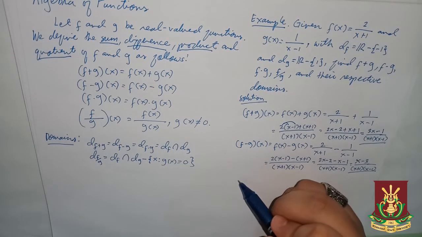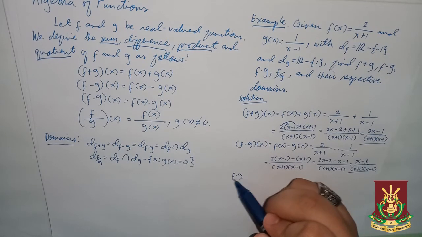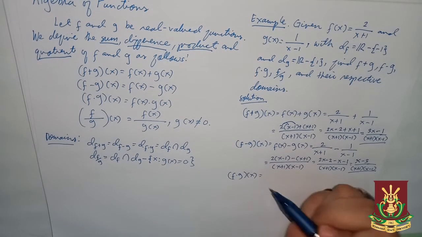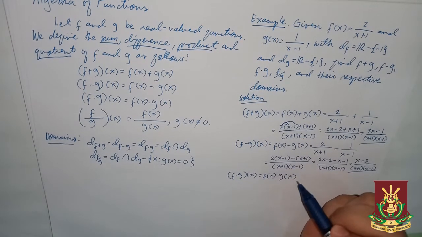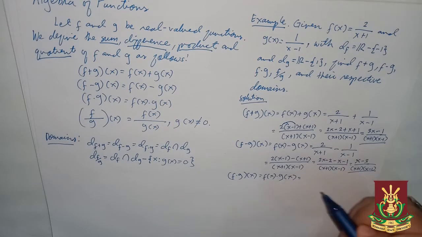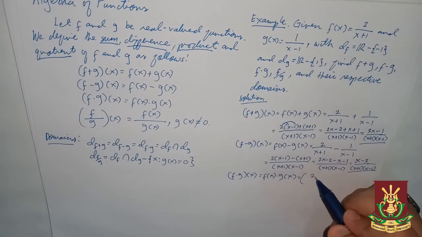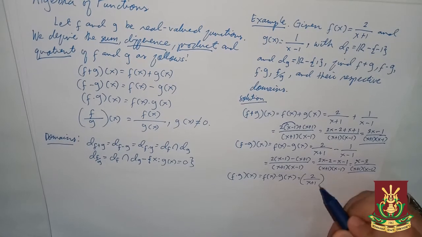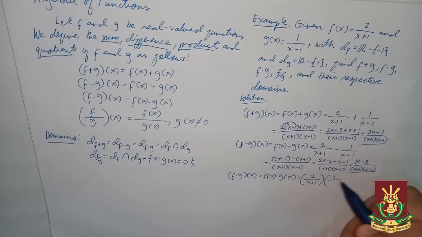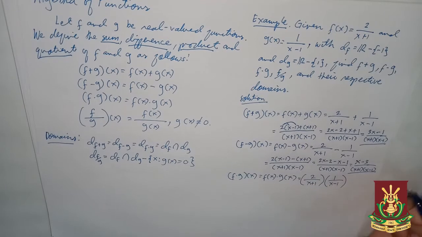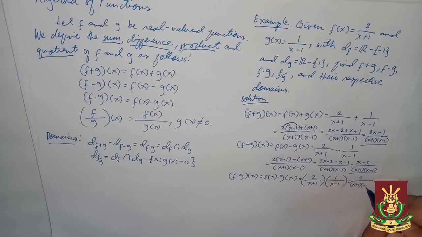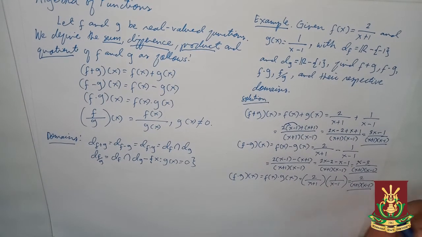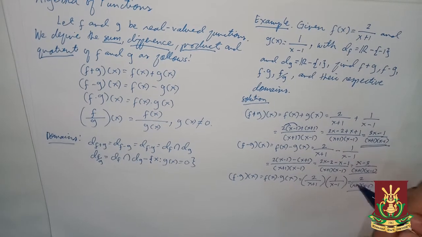Okay, for the product, we know that f times g of x is simply f of x times g of x. Okay, which is the quantity 2 over x plus 1 times the quantity 1 over x minus 1, which gives us 2 over the quantity x plus 1 times the quantity x minus 1.